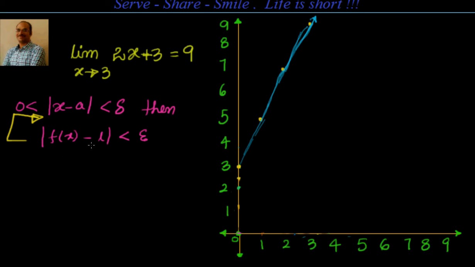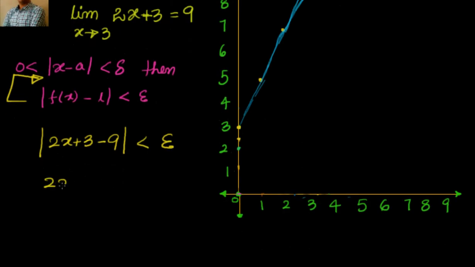First I will take mod of f of x minus L less than epsilon. What is our f of x? 2x plus 3 minus L, which is 9, less than epsilon. Now this is nothing but mod of 2x minus 6 less than epsilon. Can I write 2x minus 6 as 2 into mod of x minus 3 less than epsilon?